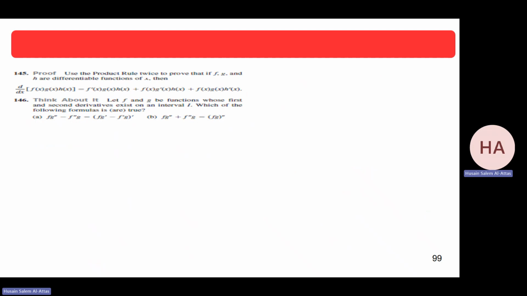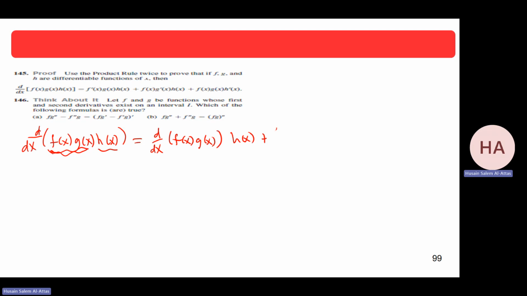Now, this is the last thing. I want to find the derivative as a rule of f of x, g of x, h of x. One idea, you can deal with this as one function. So the derivative of this: this is the first and this is the second, derivative of the first times the second, plus the first as a bulk times the derivative of the second. Now I will do the product rule again.